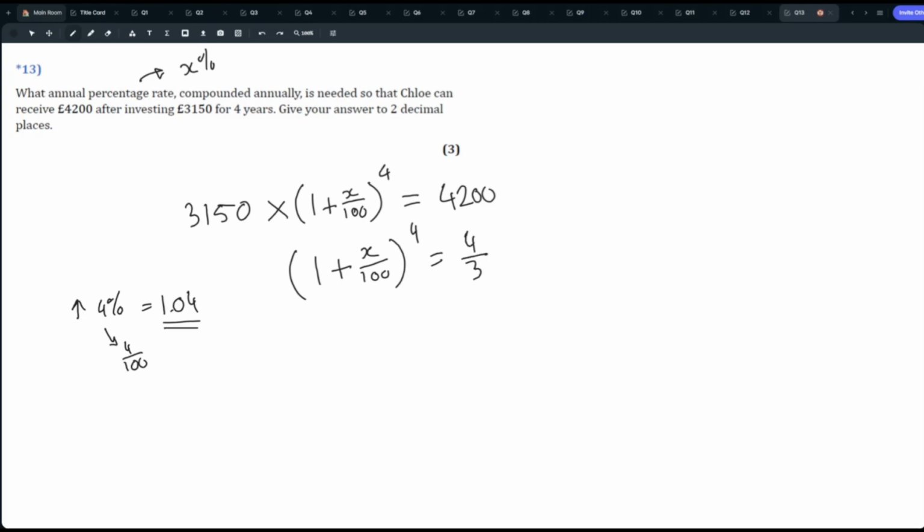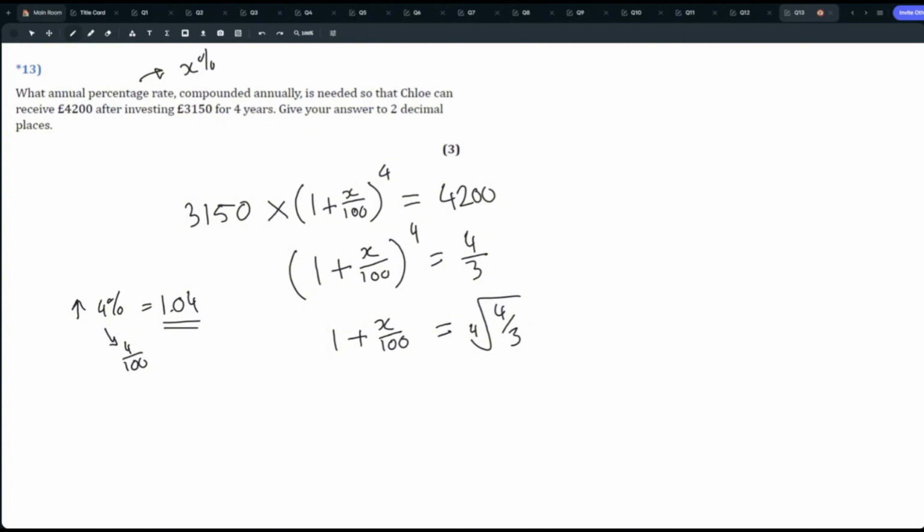Next thing I want to do is I want to sort out the power of 4. Now, to do the opposite of the power of 4, we 4 root both sides. That means the power on the left-hand side will go. Now, if I 4 root 4 over 3, what do I get? Well, this is a calculator question, but actually, what I'm going to do is I'm going to times out the 100.